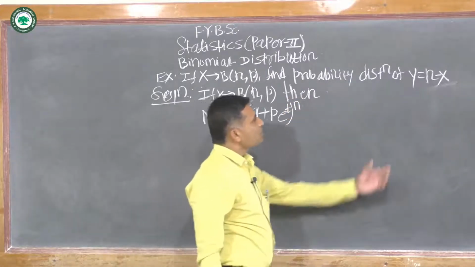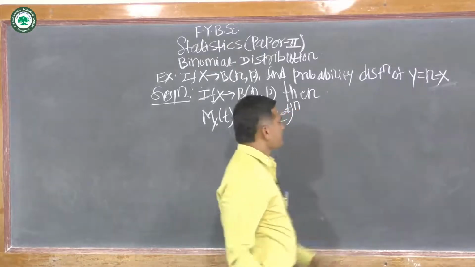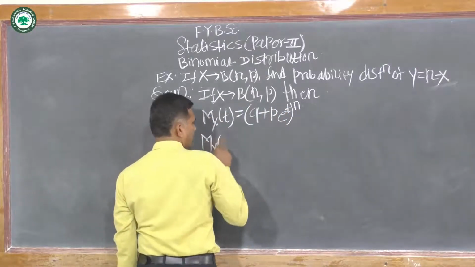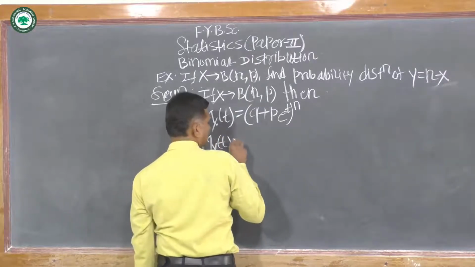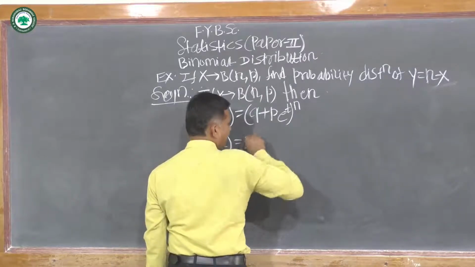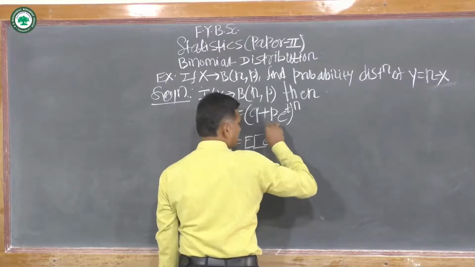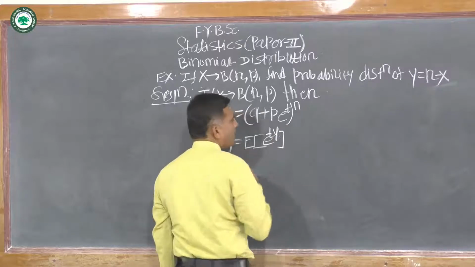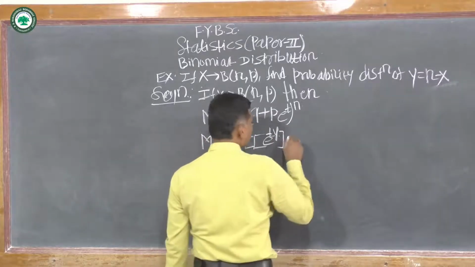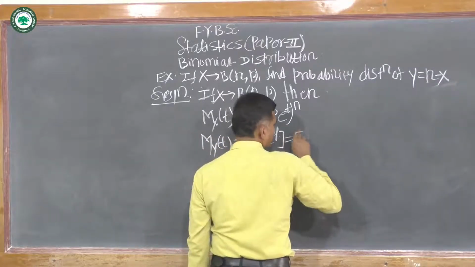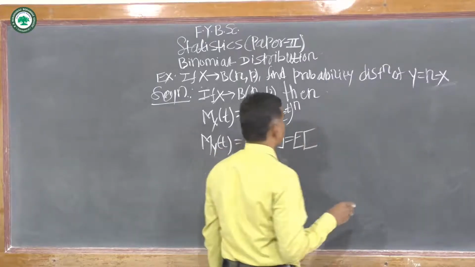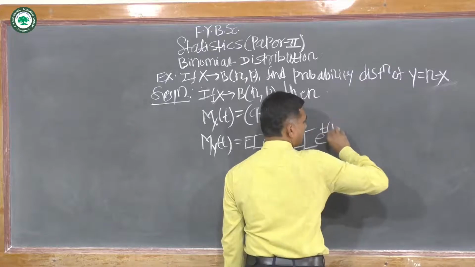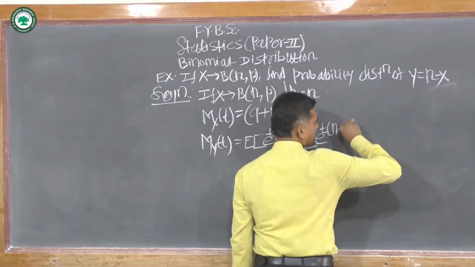Now the MGF of Y is MY of t equal to expected value of e raised to t Y, which is equal to expectation of e raised to t times (n minus X).